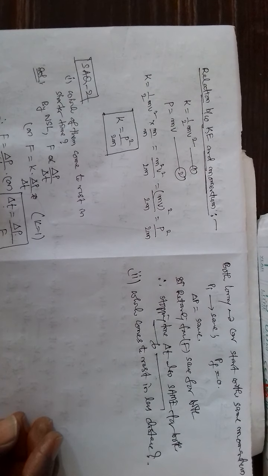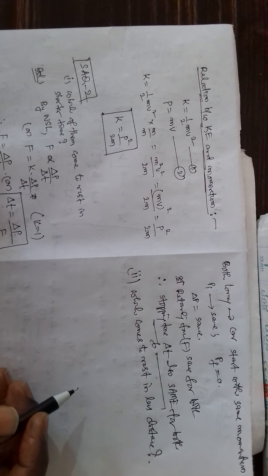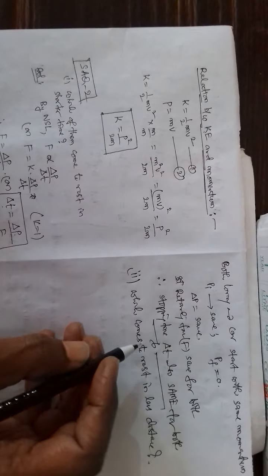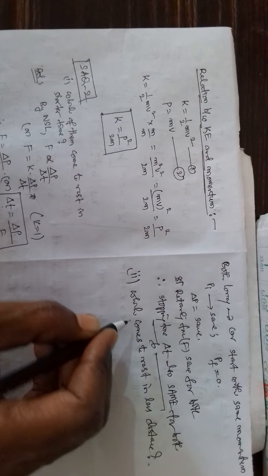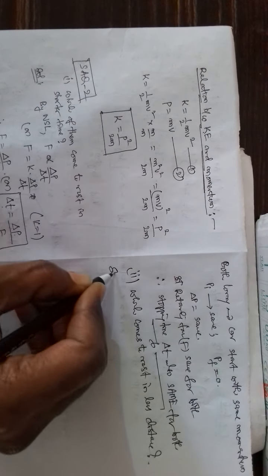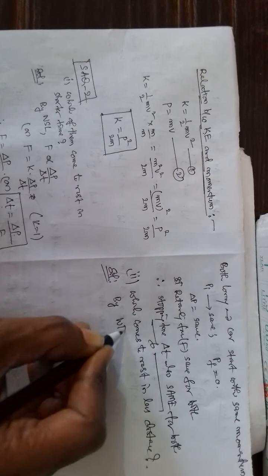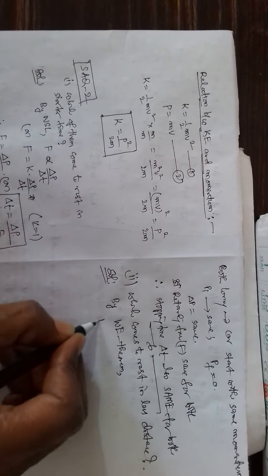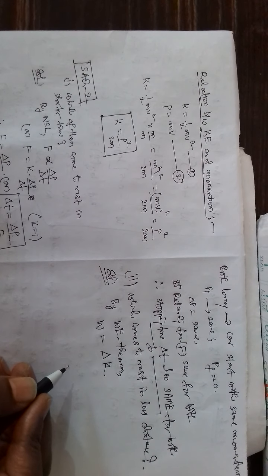The distance it travels before it stops, that is less in which case. Now, work done. Let us use the work energy theorem. By the work energy theorem, work done is equal to change in kinetic energy.